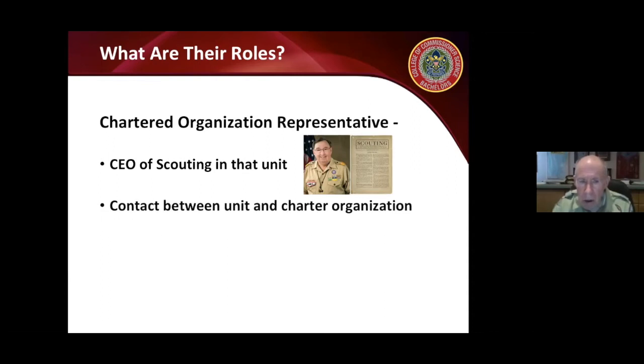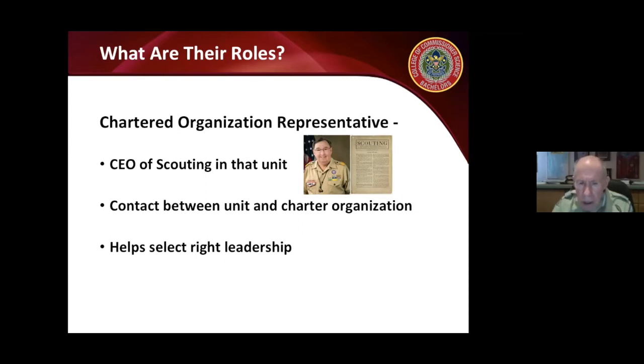The COR is the contact between the unit and the chartered organization. They maintain the relationship there with that chartered organization. We want to have good feelings there, and like the smile on this fellow's face, we want that to be a smooth and functioning relationship.